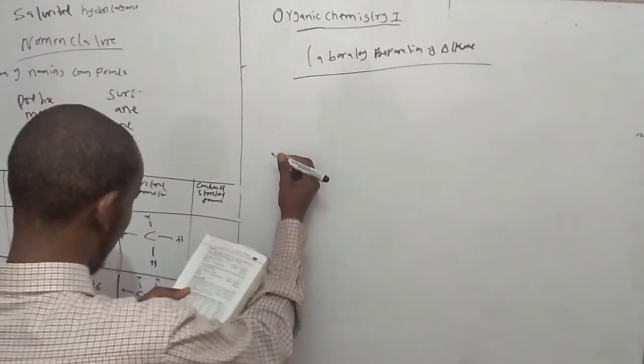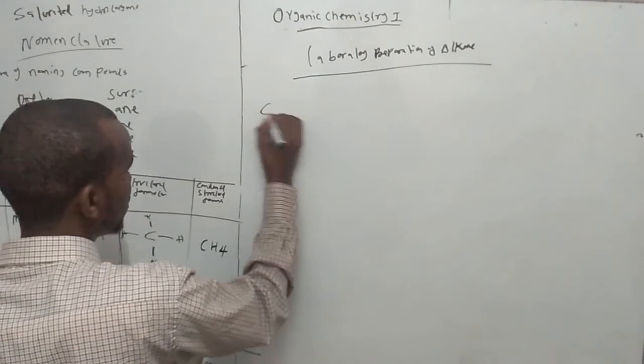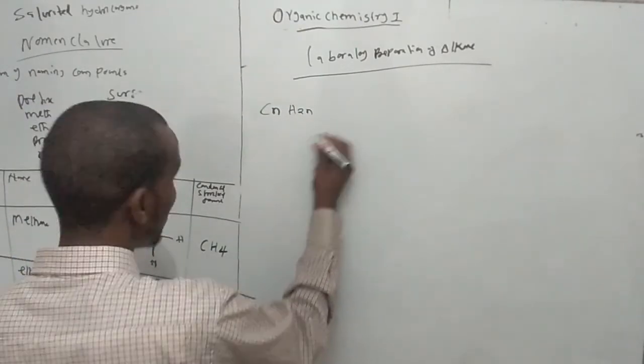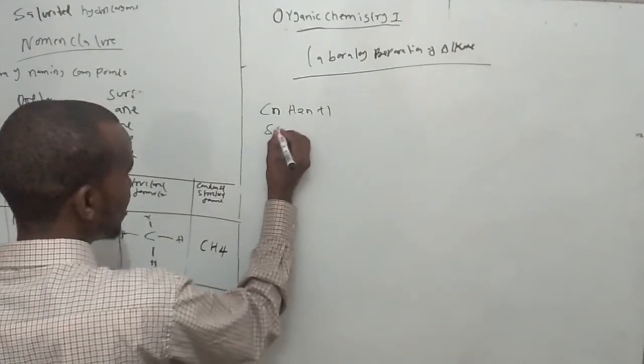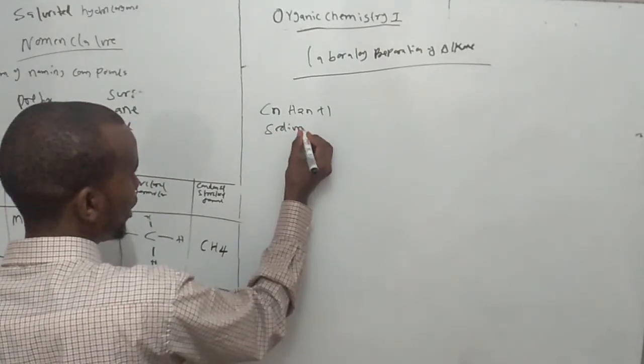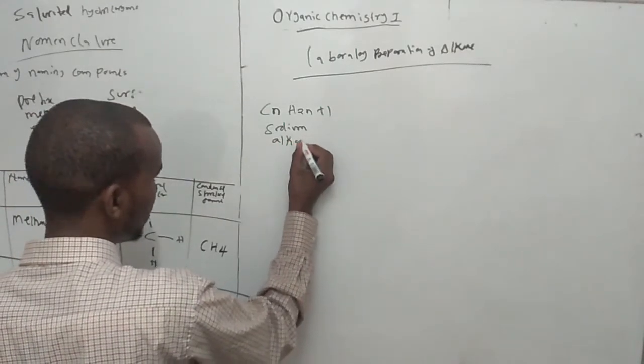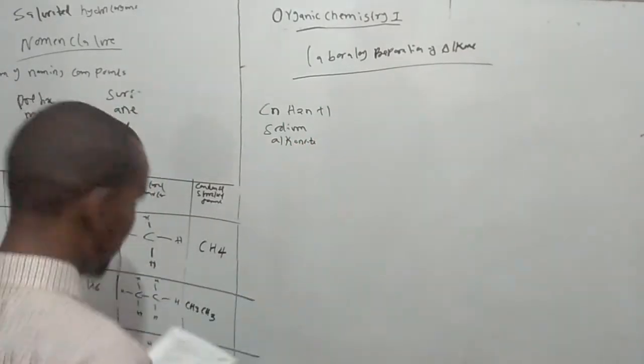For the general preparation of alkane gas, first we can take the formula for sodium alkanoate, CnH2n plus 1 COONa.